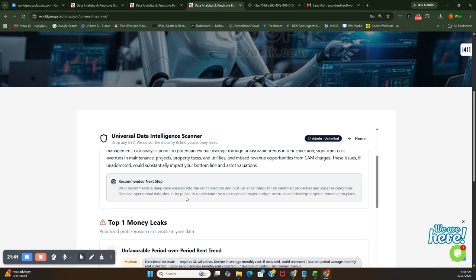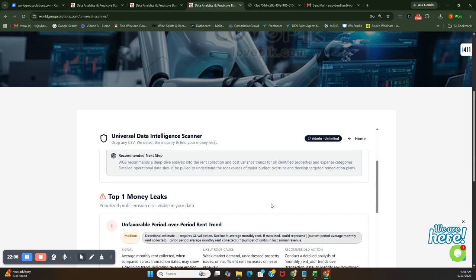WGS recommends a deep dive analysis into rent collection and cost variation trends for all identified properties and expense categories. Okay, so it is asking you to do deep dives. It has done the first round for you, but for you to be safer with all your slippages, it's asking you to do further investigation and continue fixing it.